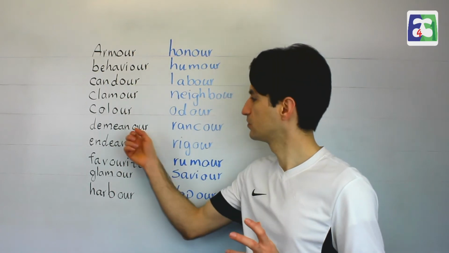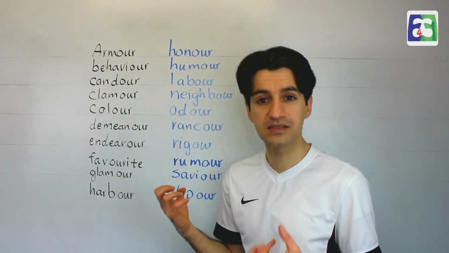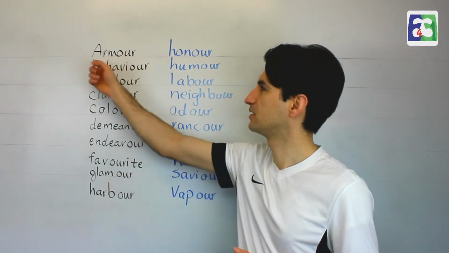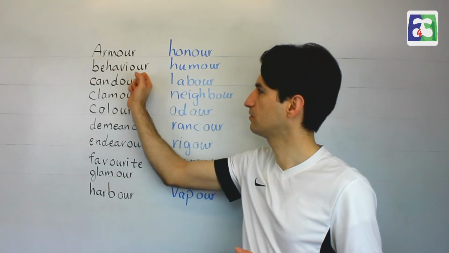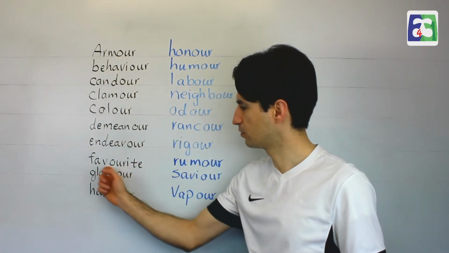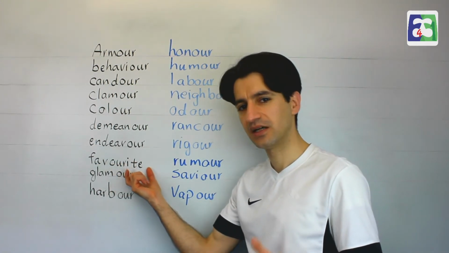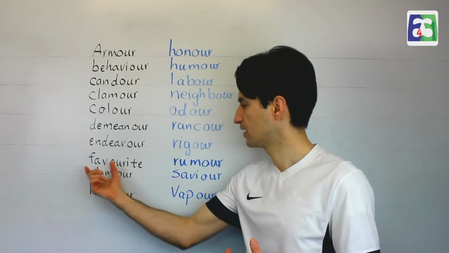And the other thing, the hint that we can have, is that they are mainly at the end of the word. Armor, behavior, and so on. Over here, this is not at the end of the word, but this is the suffix that we have added to favor.